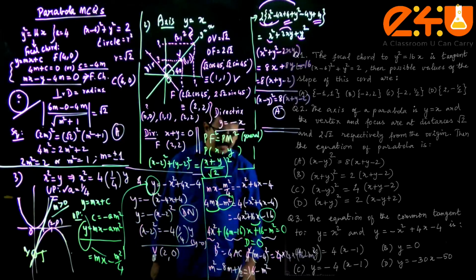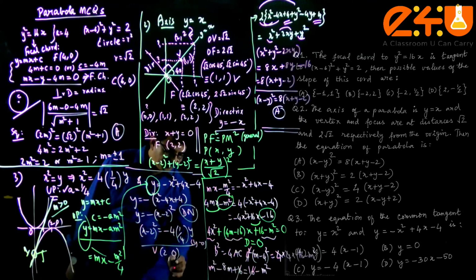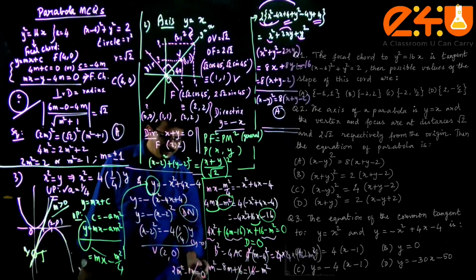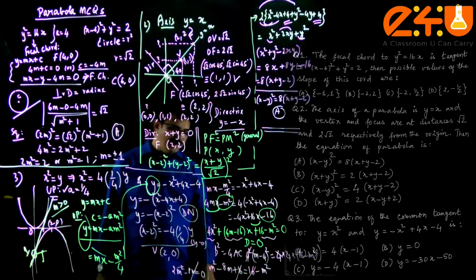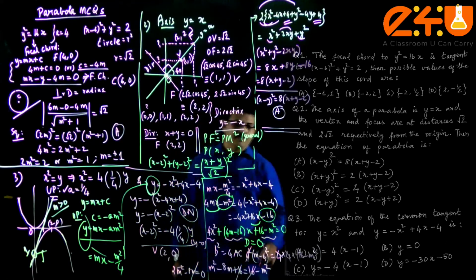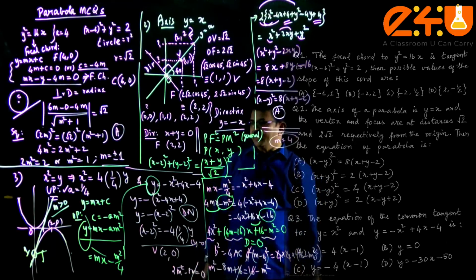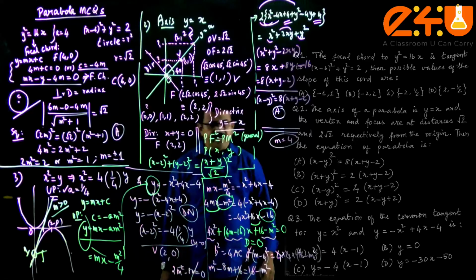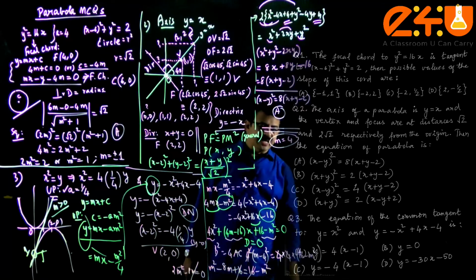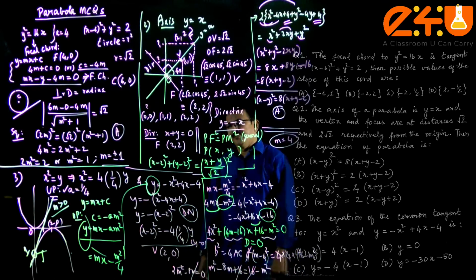Cancelling off the 16s, I get 2m square minus 8m is 0. And cancelling off one factor of m, I get m is 8 by 2, m is equal to 4. We are able to confirm m is 4. So this is what I said, slope is positive and slope is equal to 4. That was there in the first option.